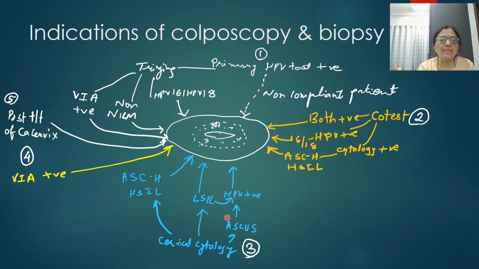Or the difference between ASCUS and LSIL is that with LSIL, we can directly go for colposcopy also. With any VIA positive, you can refer the patient to a center where colposcopy is available. It's better to do a colposcopy and then directed biopsy as needed.